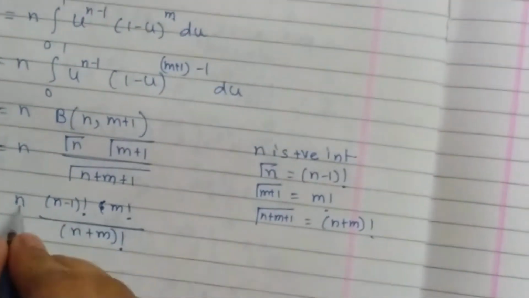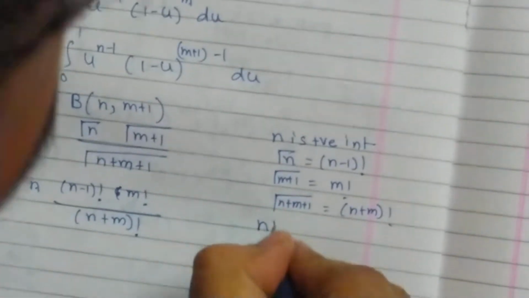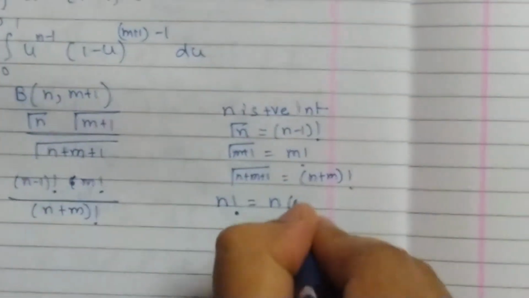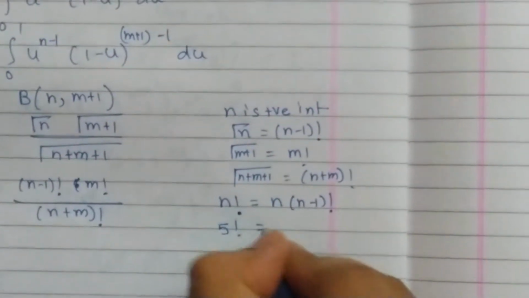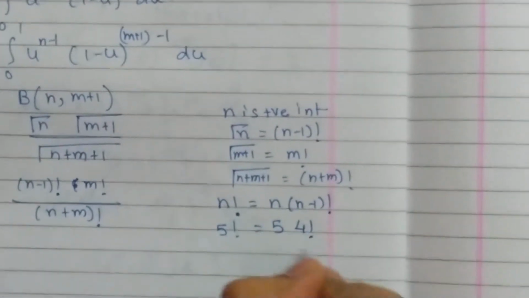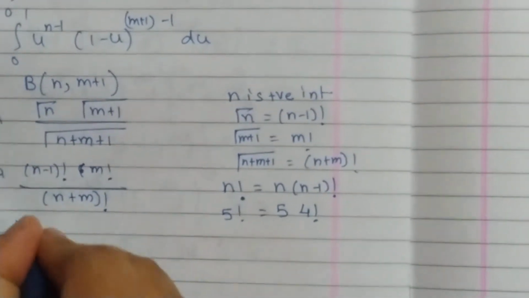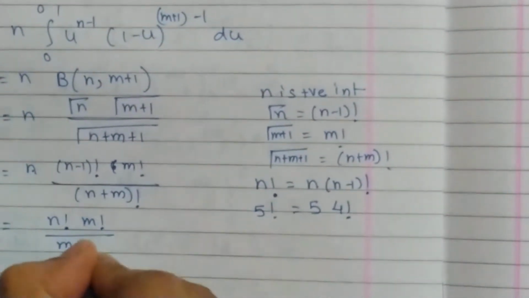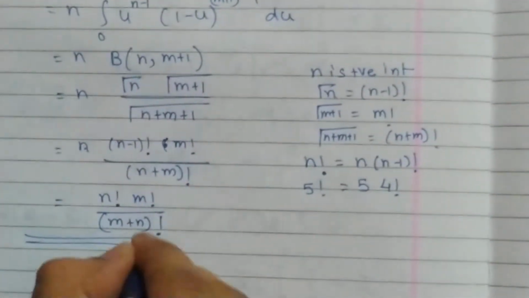Now see, this is n into (n minus 1) factorial. Whenever we calculate the factorial of any positive number, it is n into (n minus 1) factorial. For example, 5 factorial is 5 into 4 factorial. So this is n factorial m factorial divided by (m plus n) factorial. So this is what was expected.